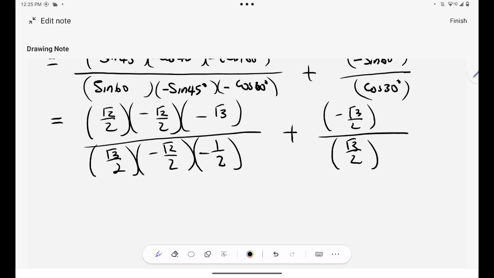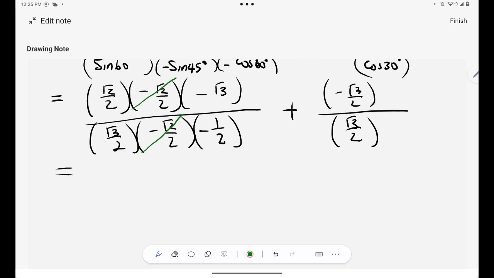I did say, guys, that trigonometry is just a game of numbers. It's just a game of numbers, right? This is the same as this, they will cancel one another all together. So at the top I will be left with the negative of square root of 3 multiplied by the square root of 2 all over 2.